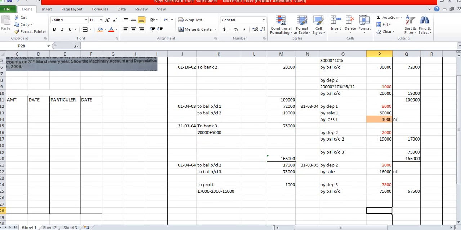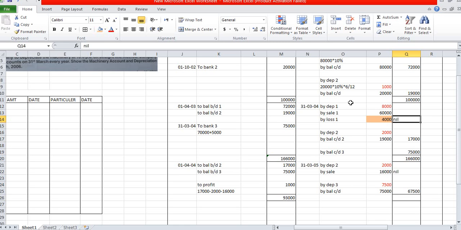Now make the total. 70, 80, 92, 93,000. Otherwise you can also put this amount outside.